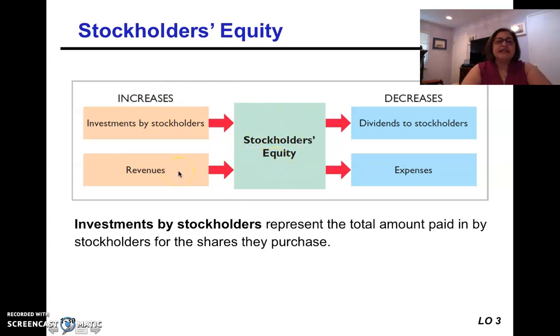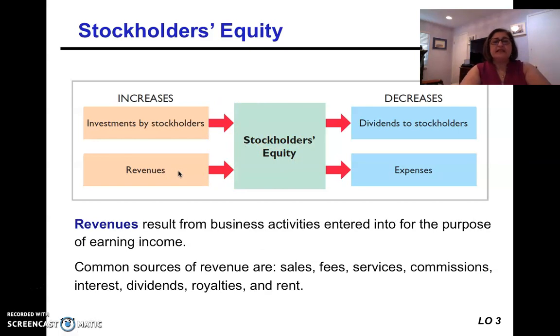Revenues. The reason the company is in business is to generate more assets. By doing what? By either providing services or selling merchandise, depending on the type of business. If they are a landlord, by providing space for rent. If they are a bank, by loaning money and earning interest.